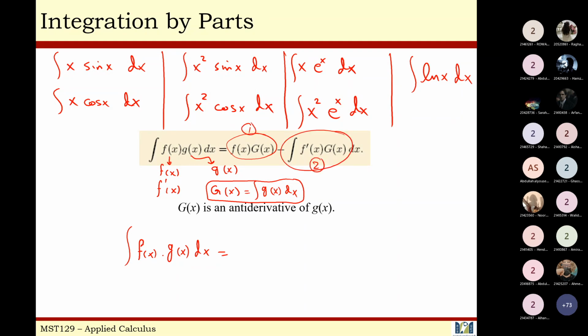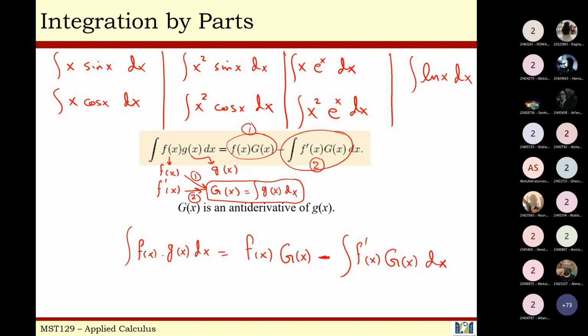Number 1, multiply f of x with g capital of x, minus, and number 2, multiply f prime with g capital under the integration sign, f prime with g of x.